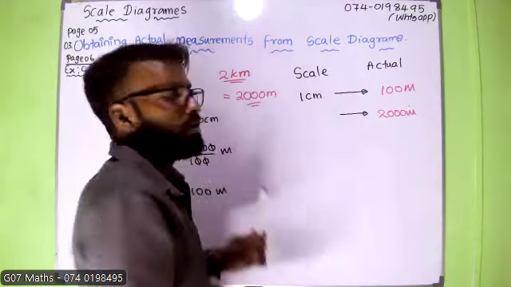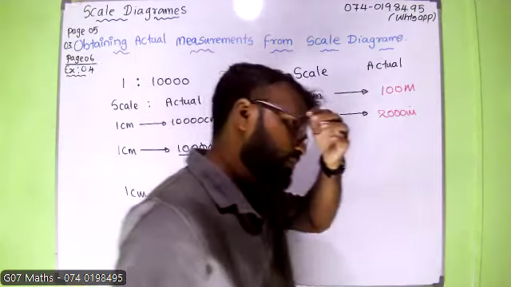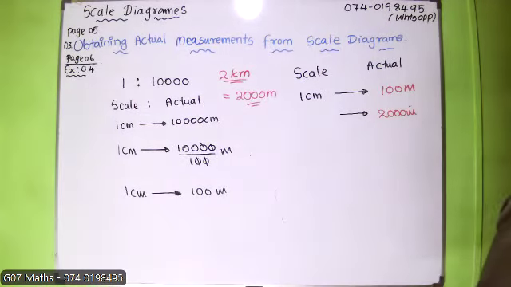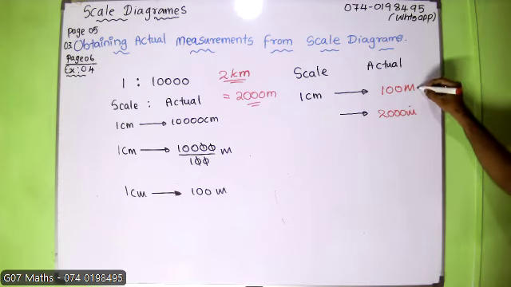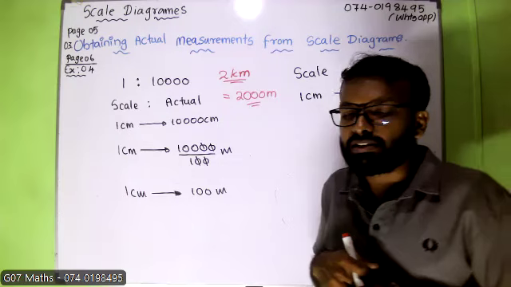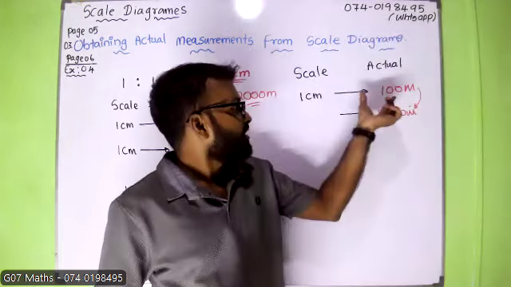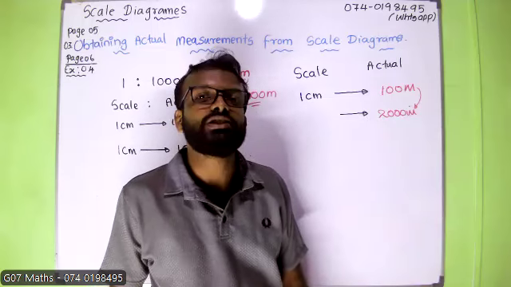Now, how do you convert 100 meters into 2000 meters? Senoli, Anusara, which is the multiplier?